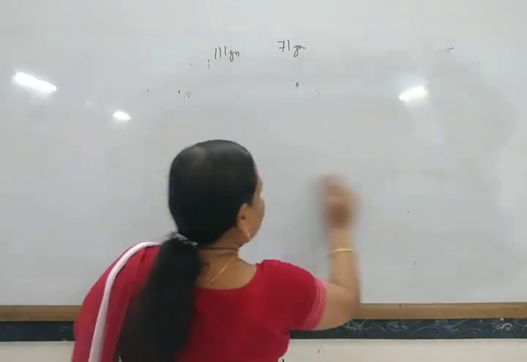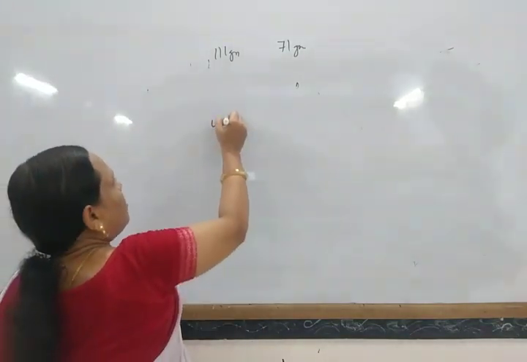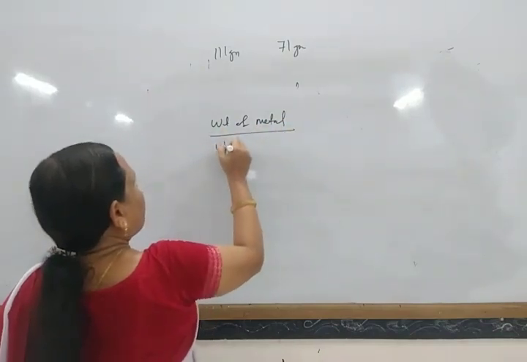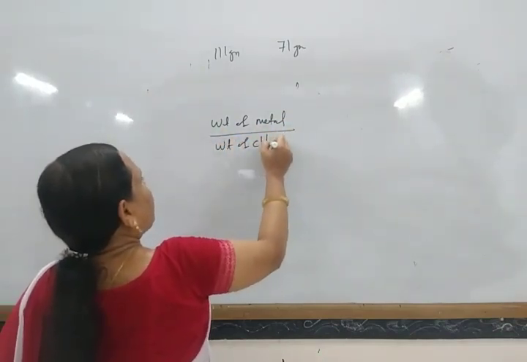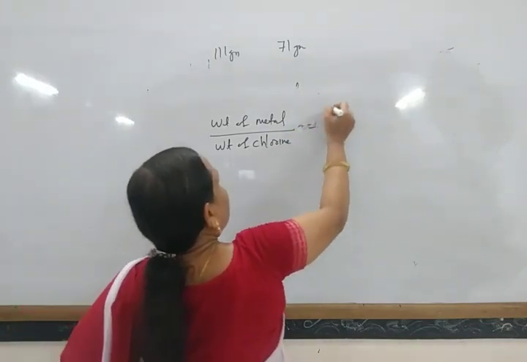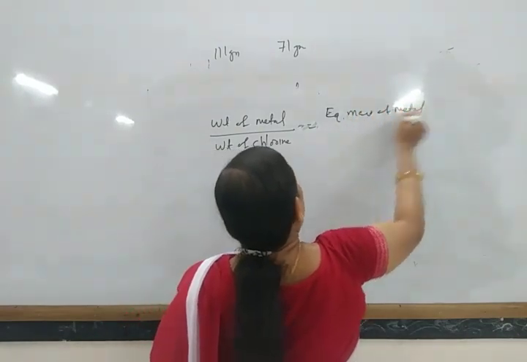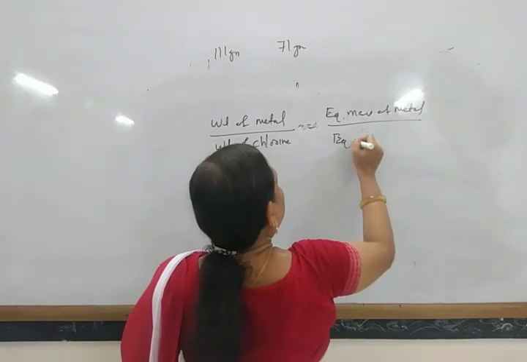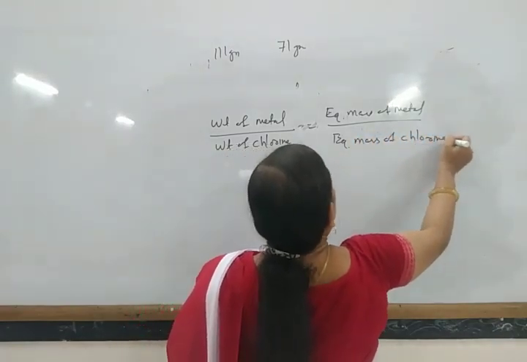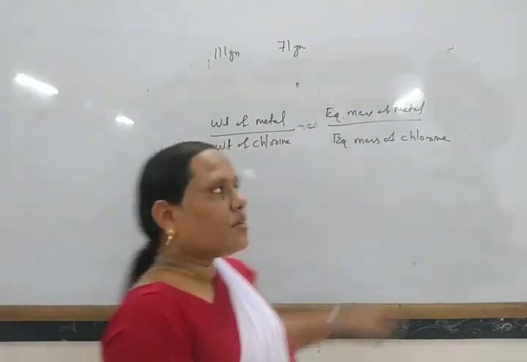Last class I gave you one formula: weight of metal by weight of chlorine is equal to equivalent mass of metal by equivalent mass of chlorine.